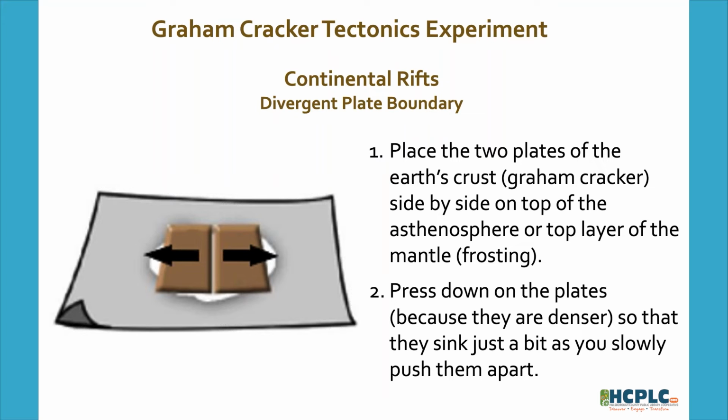When we get 2 of these tectonic plates that are next to each other move away from each other, we are going to see what comes as a result of that. So when you're setting up your experiment, make sure you have your paper plate, your frosting with your red food coloring if you have it, 2 graham crackers, and then we'll see what happens. We're going to demonstrate what happens when these graham crackers move away from each other.